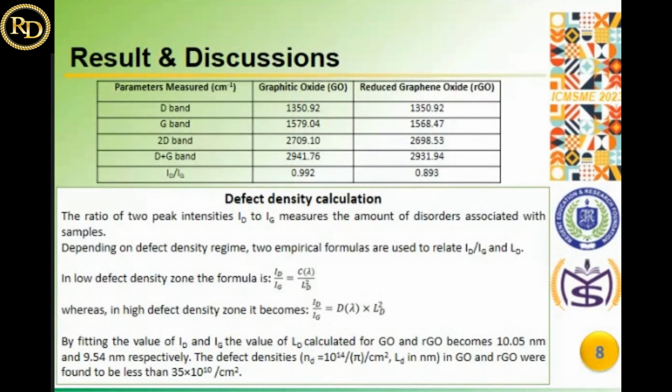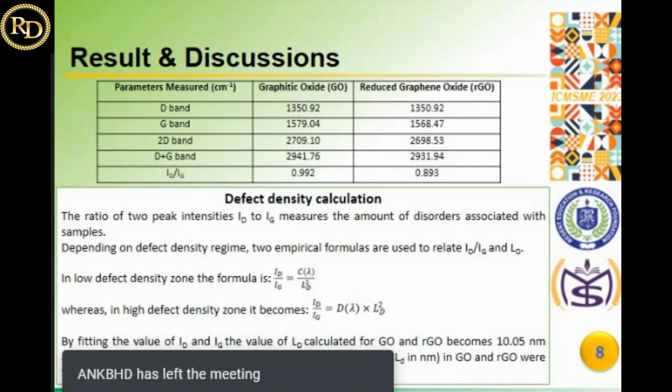So ID decreases, which in turn decreases the value of ID by IG. Hence it becomes proportional to LD, as we can see from the second equation. So it is said to be in the high defect density zone. But if LD is greater than 3 nanometer, the value of ID by IG becomes inversely proportional to the square of LD. That is the low defect density zone.